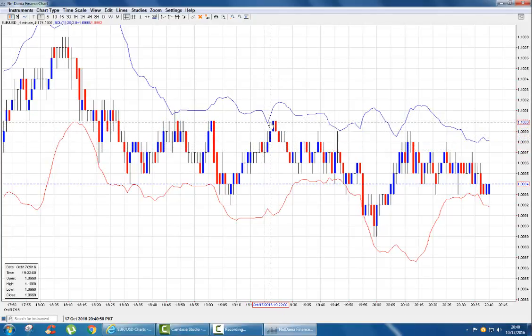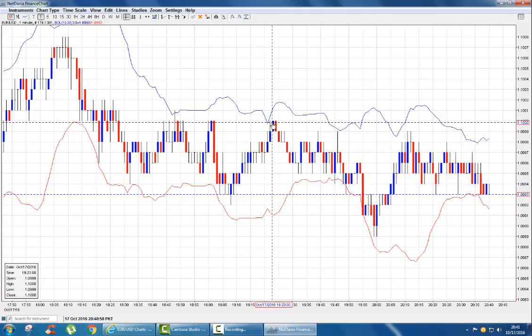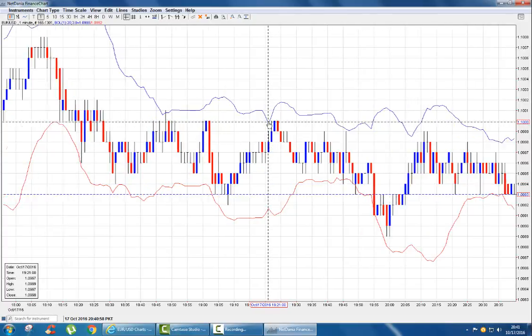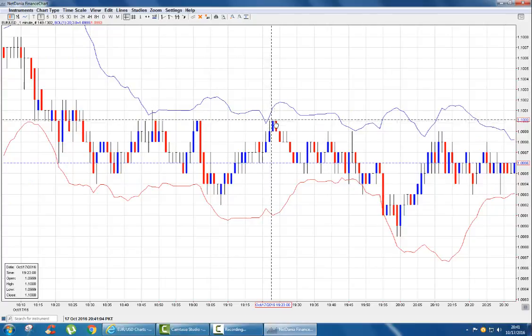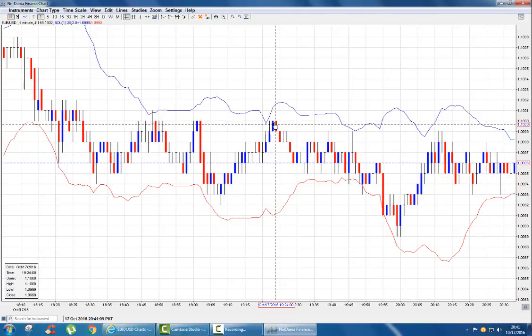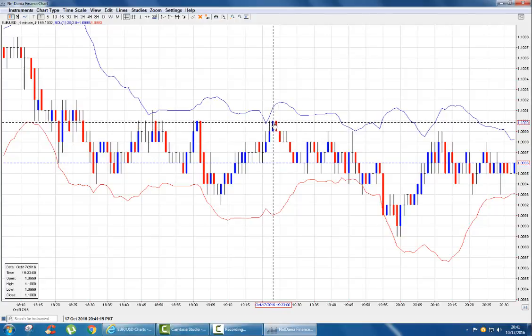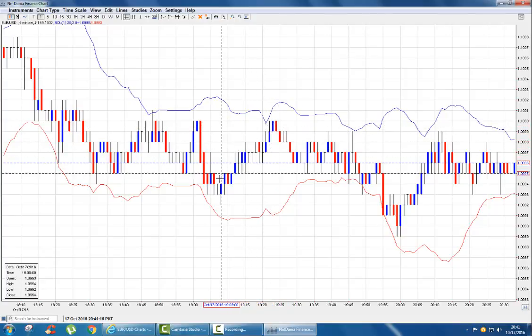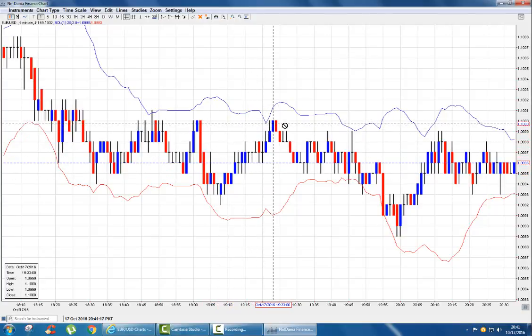So here the blue candle has almost touched this blue line. This actually confirms that the next second or third or fourth candle is going to be a red candle. This is a reversal of this few minutes trades or uptrend.